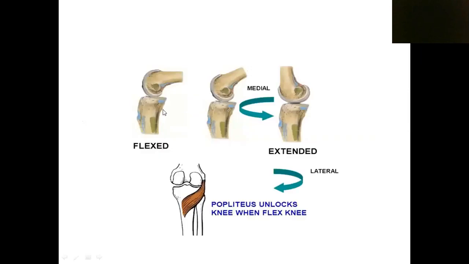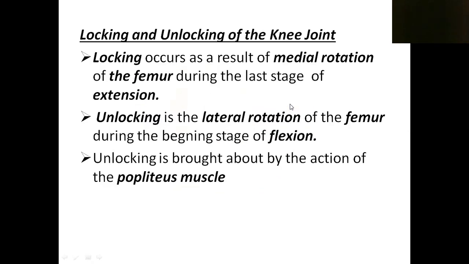See here, this diagram. This is the fully extended knee joint. Towards the last stage of the extension, this femur will rotate medially to lock the joint.